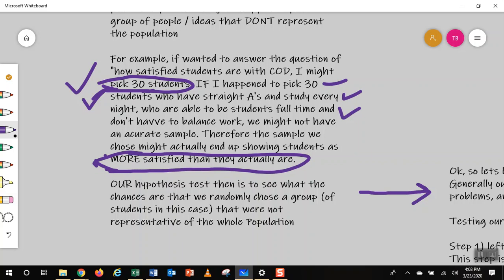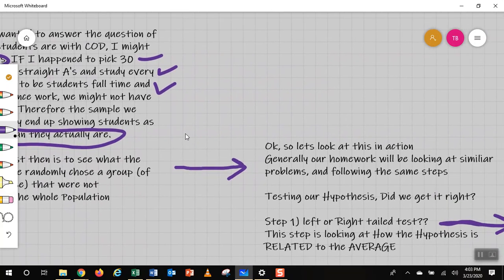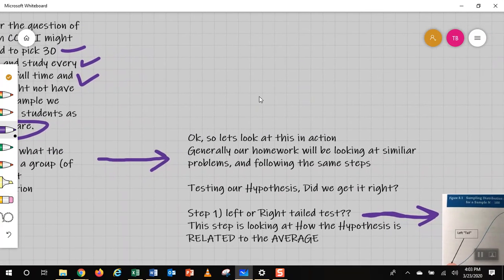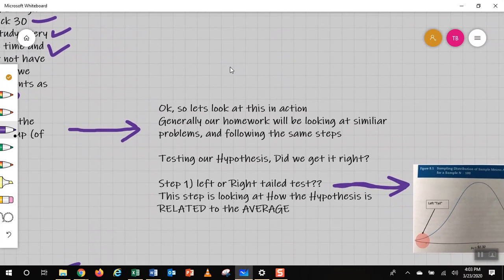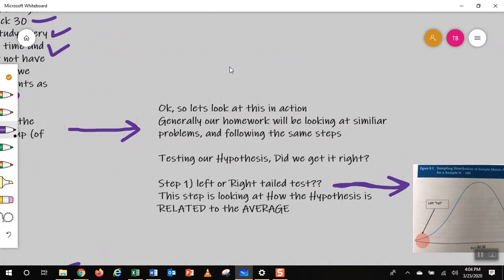So it's testing how likely it is, like we said up top, that we got it right. The process is a hypothesis test, testing how accurate our sample is in relationship to the whole population. Okay, so testing how our sample is related to the population.